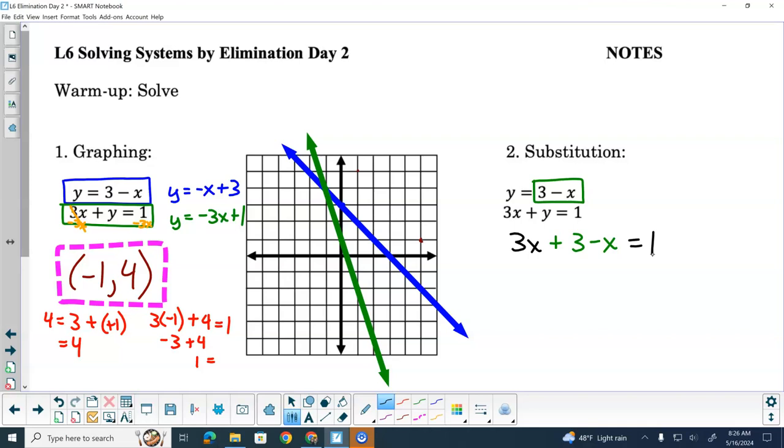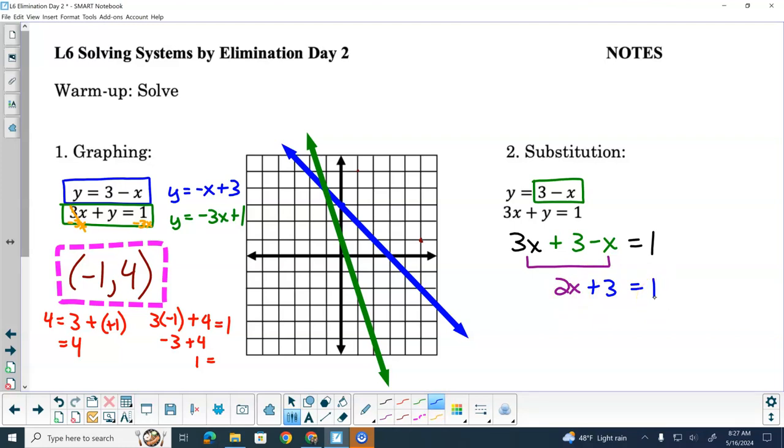How am I going to solve that equation? And what do I get? 2 x's. And then I still have that plus 3, and that still is equal to 1, right?